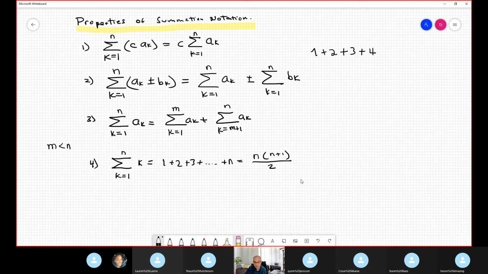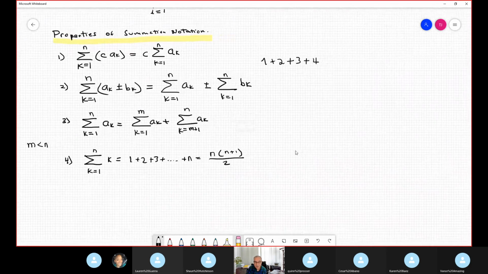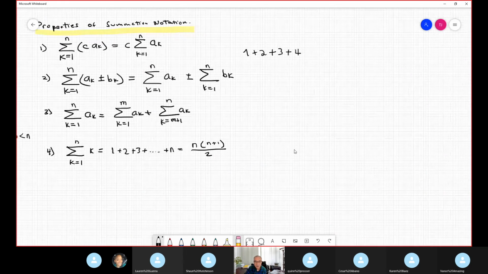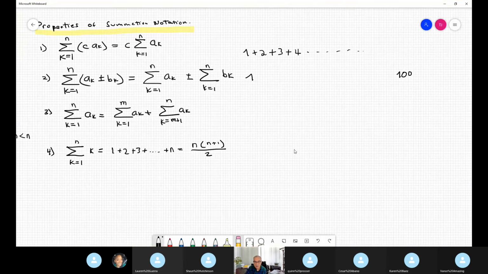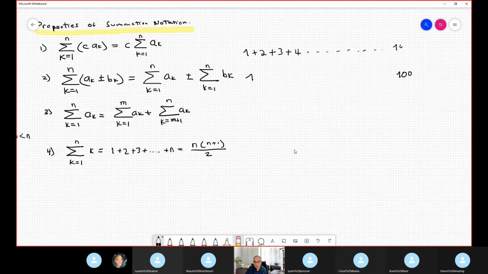However, the super brilliant student changed the order of the summation. Suppose 1 and 100. 1 plus 100 is 101. And 2 plus 99 is 101 again. And 3 plus 98 is 101 again.